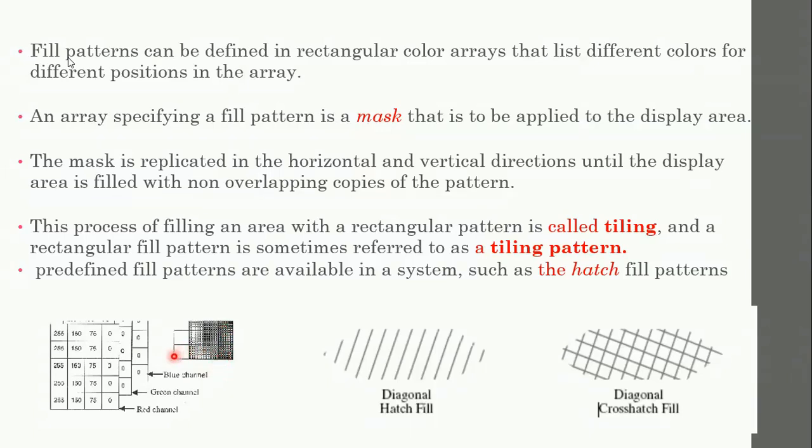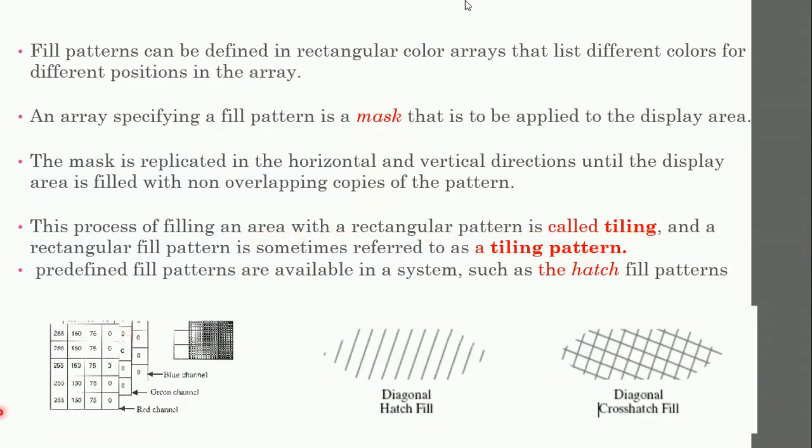You continue until you complete the filling, depending on how much area you want to fill. This is one way of filling a particular pattern on the screen. We call this process of filling an area with a rectangular pattern tiling.